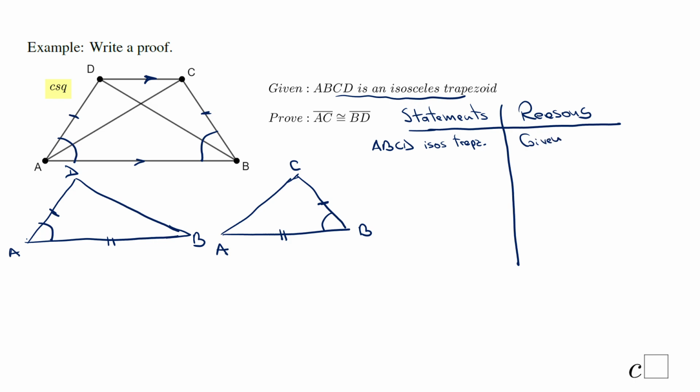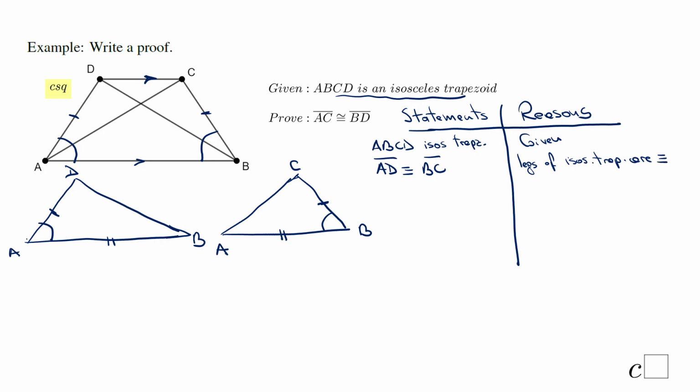Based on this, we're gonna say what? We're gonna say AD congruent with BC, and this is the property of an isosceles trapezoid. Legs of isosceles trapezoid are congruent.